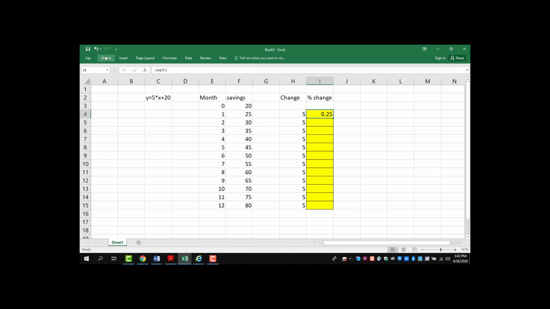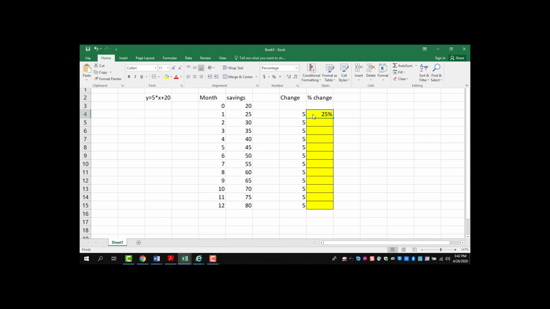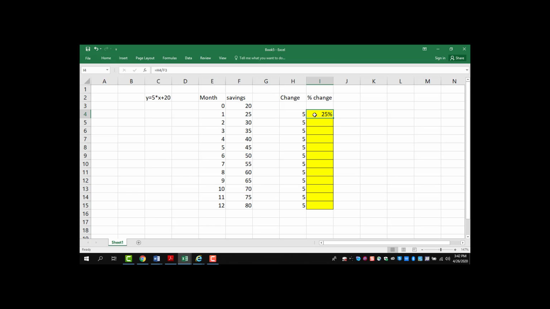So I can go here, home, percent. Okay? So now I'm going to do the same thing here. 30 minus 25 is 5. It's going to be 5 divided by 25. And then 5 divided by 30. What's the percent change month to month?